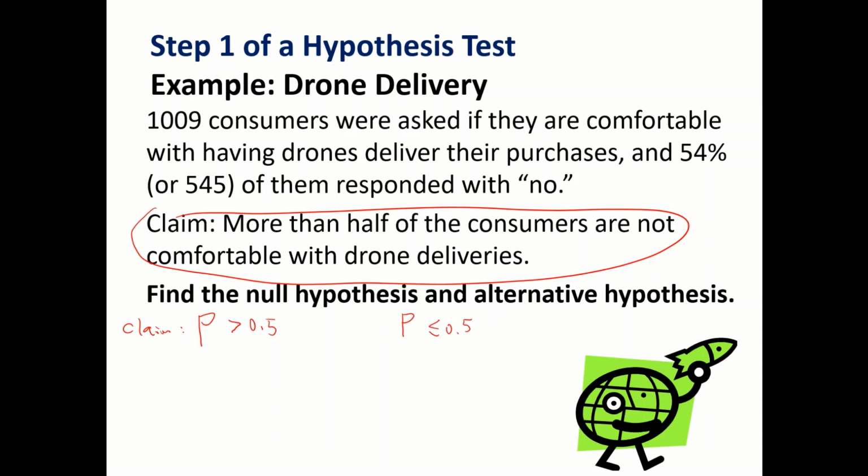Okay, so out of these two, the one without the equal sign will be the alternative hypothesis. So H1 is the one without the equal sign, which is P is greater than 0.5. And H0 is the one with the equal sign. You just change the statement into P is equal to 0.5. So here's the null hypothesis and alternative hypothesis.